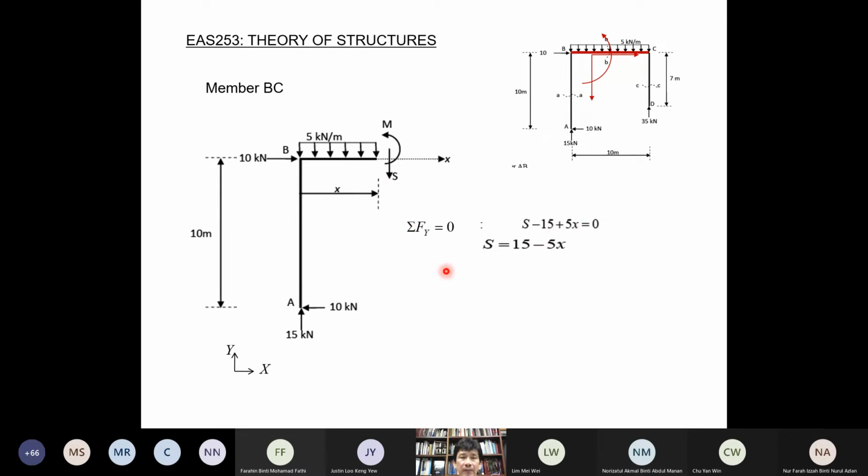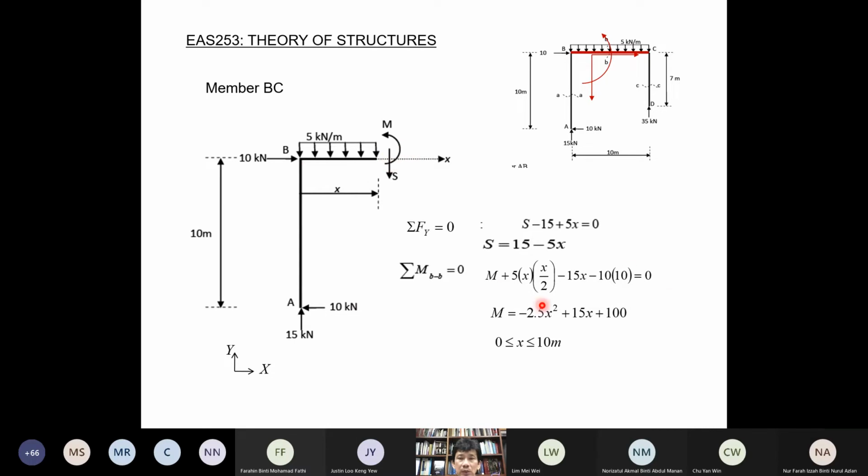Then bending moment, take bending moment at the cut section here. So we get M must be equal to M plus this, and this one is not causing any moment, then minus 15 multiplied by X, and then 10 and 10 form a couple, so 10 must be considered when we evaluate bending moment.